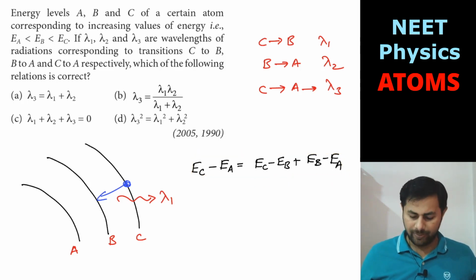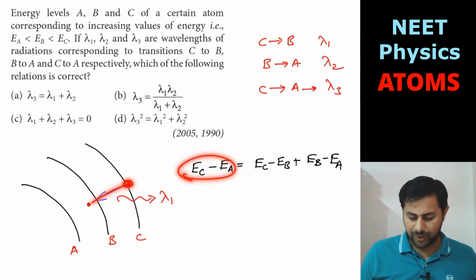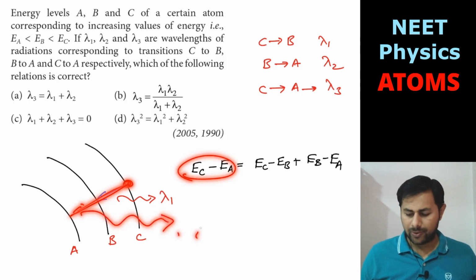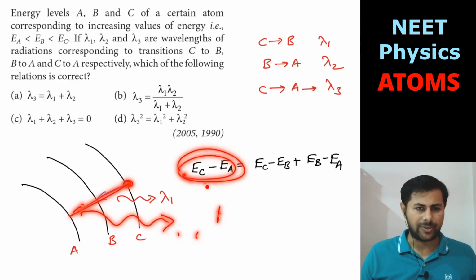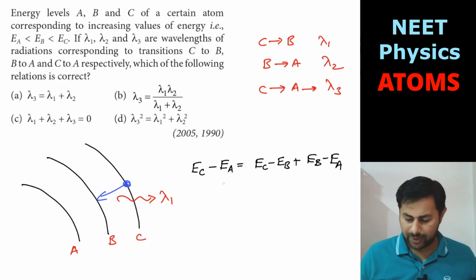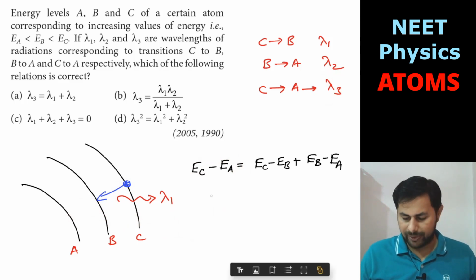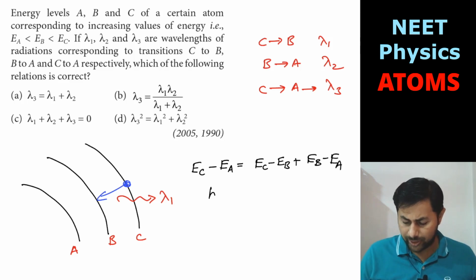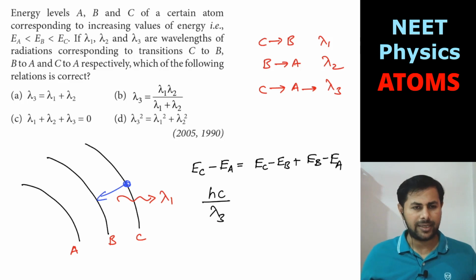So that's simple. And when the electron jumps from C to A, it emits a photon of energy equal to the energy difference between these two levels, and the wavelength of that photon is lambda 3. So the energy difference is hc by lambda 3.